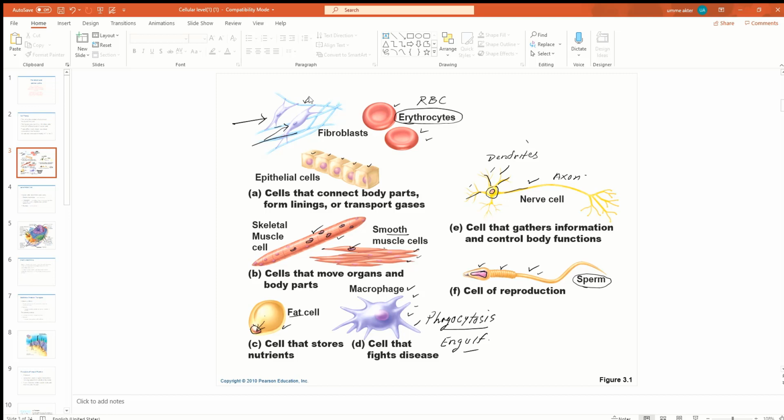So the function is reproduction. Sperm fertilizes the egg or ovum, and that produces the new life, right? So you see a few examples how different cells in the body could be different in terms of their shape, their size, their color and functions.